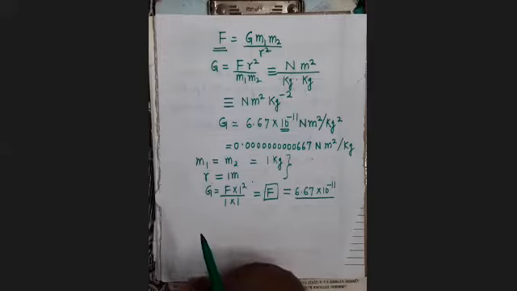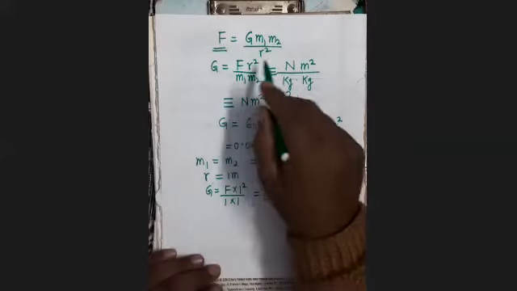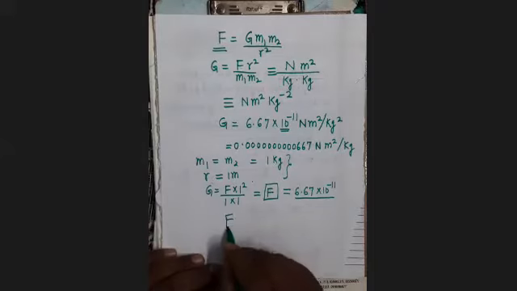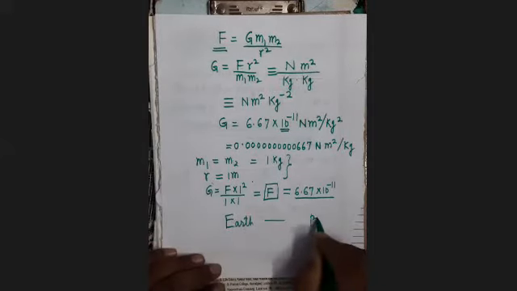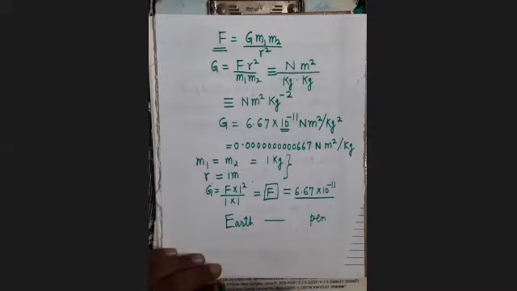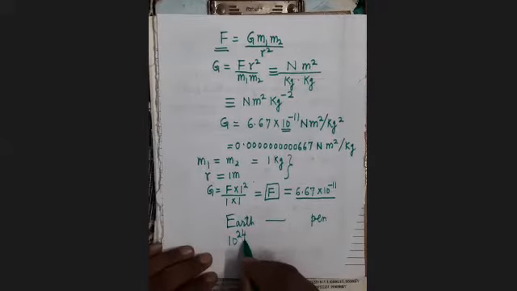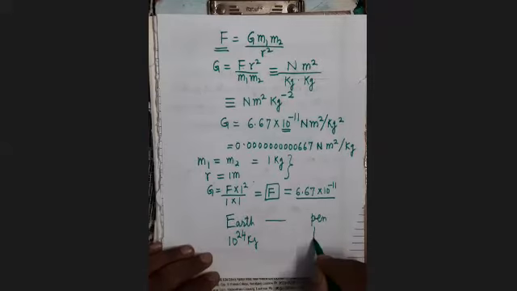But if any one body is of very heavy mass, for example, Earth and this pen. What is the mass of Earth? It is 10 to the power 24 kg. And the pen here, suppose it is 0.01 gram.